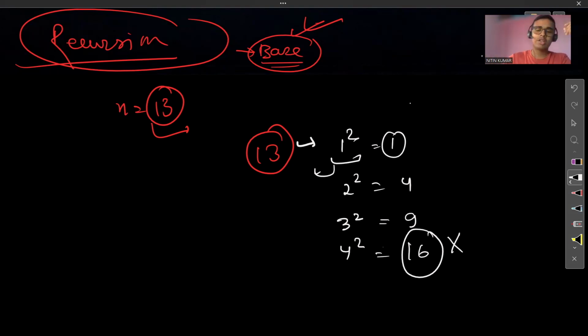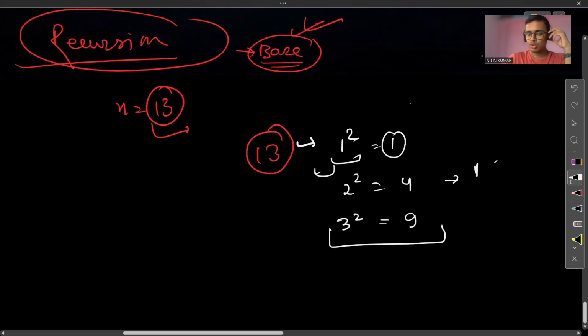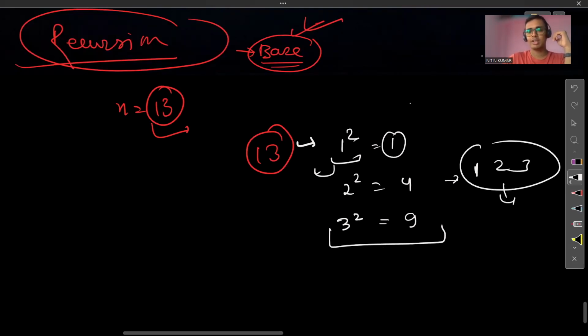So here, till what number are we checking all our combinations? Till this 3 square. So basically we are checking 1, 2 and 3 squares. If you observe here, the last number till which we are checking is 3.